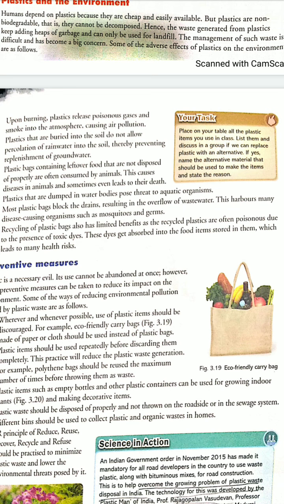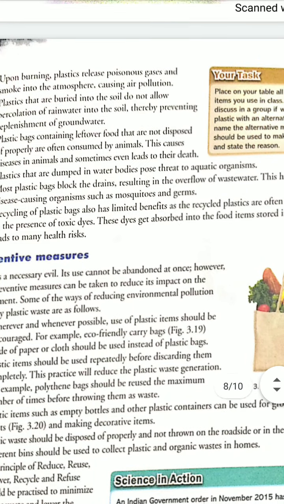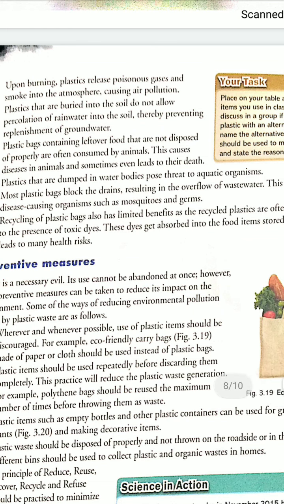If we start burning plastic, then poisonous gas will be thrown out, isn't it? Smoke will be exposed to the atmosphere and it creates air pollution. And if we burn it under the soil, it does not allow the percolation of rainwater.